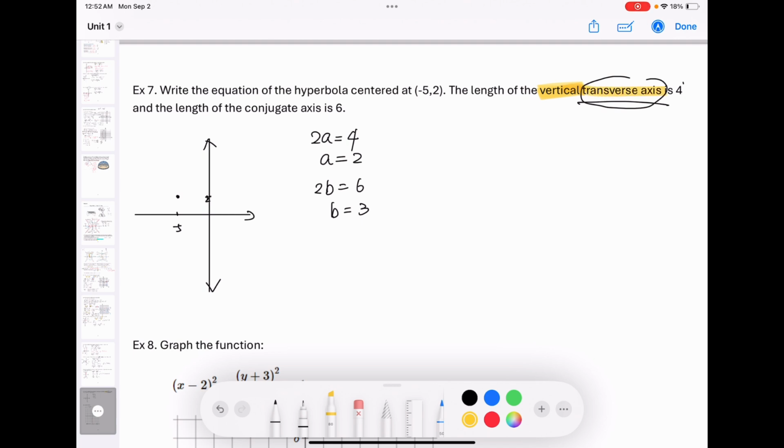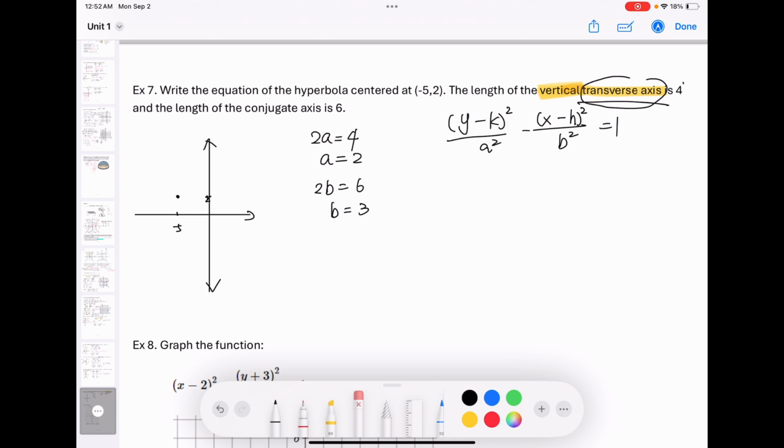Okay, that means my vertical transverse axis is parallel to the y-axis. So I must have y minus k squared over a squared minus x minus h squared over b squared is equal to 1. That means if I'm looking for the vertices, I just go up and down to find the vertices. And for the co-vertices, we go to the left and the right.